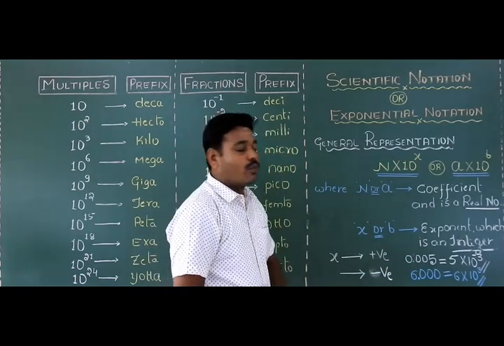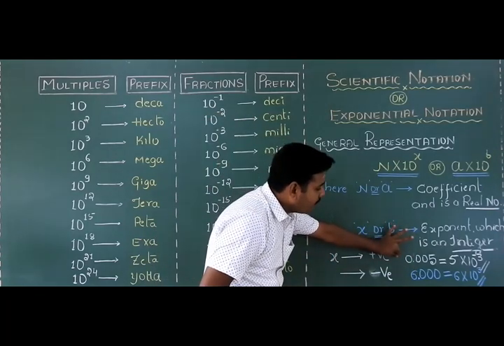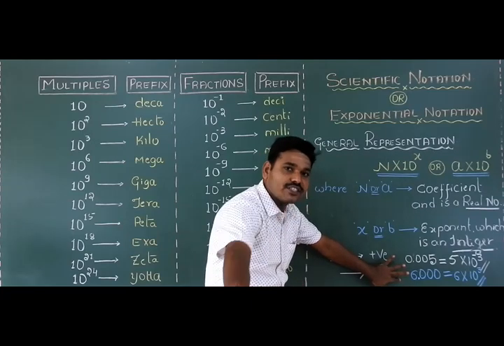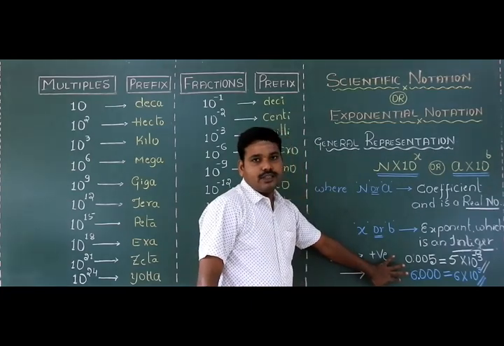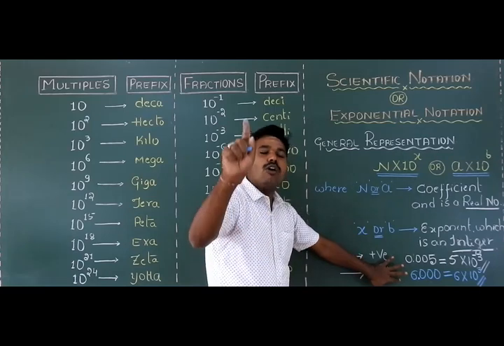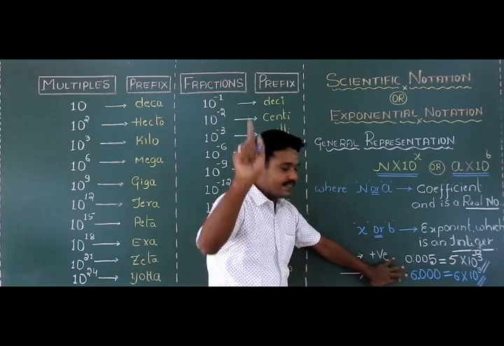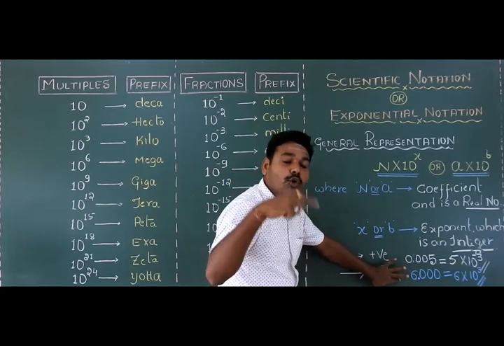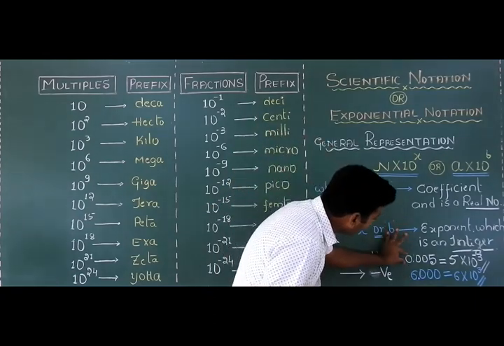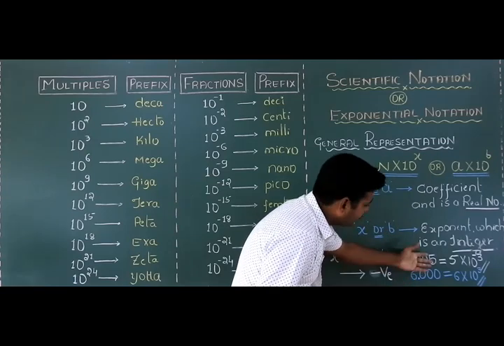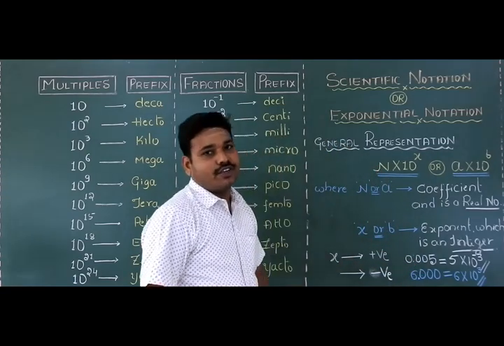Students, so one is a very small number and one is a very large number. You please recall the definition of scientific notation. The exponential notation or the scientific notation is the convenient method to represent a very small number or a very big number. This itself we call the scientific notation part.